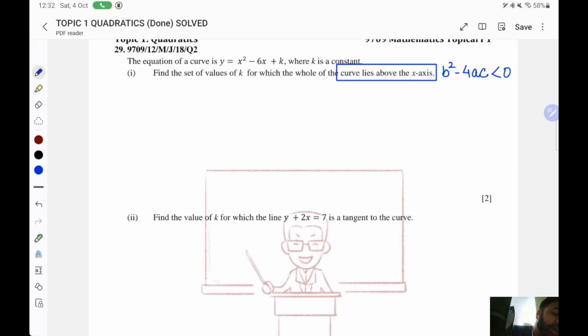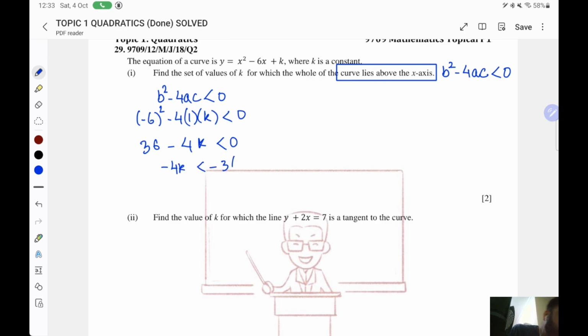So let's apply b square minus 4ac less than 0: 6 square minus 4 times a times c less than 0. So it's 36 minus 4k less than 0. If you simplify, it will be minus 4k less than minus 36.